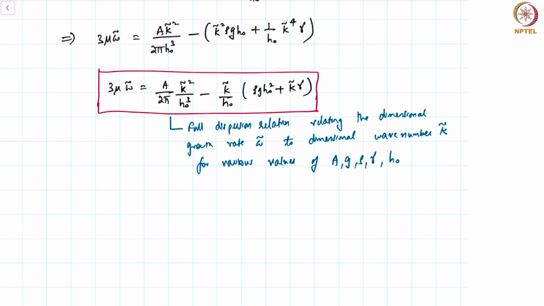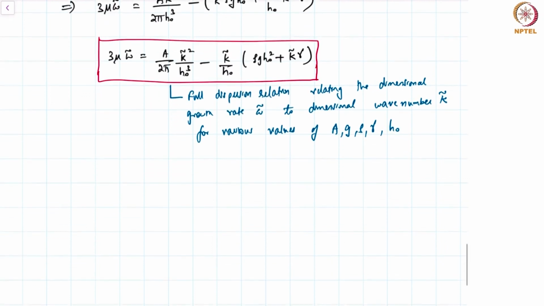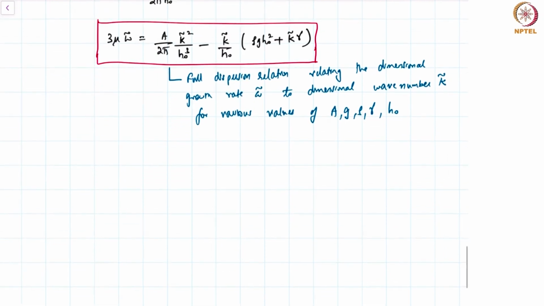Okay. We can use this expression, and of course the viscosity mu, to make plots of omega tilde versus k tilde, right?